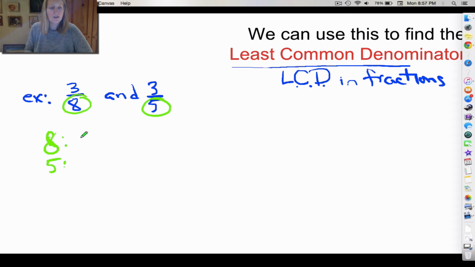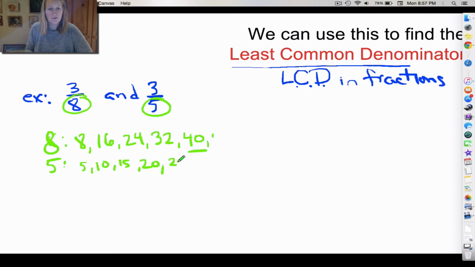We could keep adding 8: 16, 24, 32, 40, and then let's stop there. And then for 5: 5, 10, 15, 20, 25, 30, 35, and I know you've already guessed it, 40. So 40 is the least common denominator here.